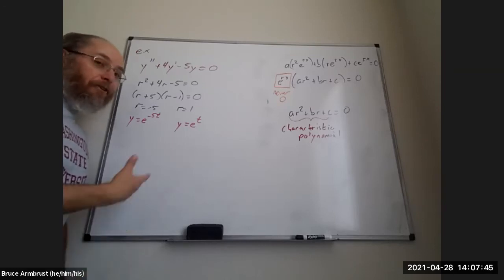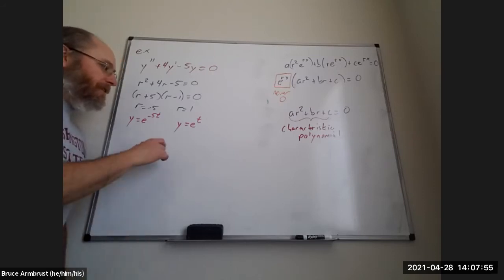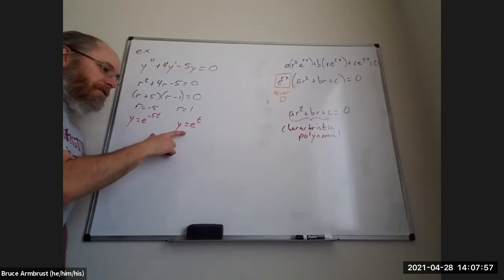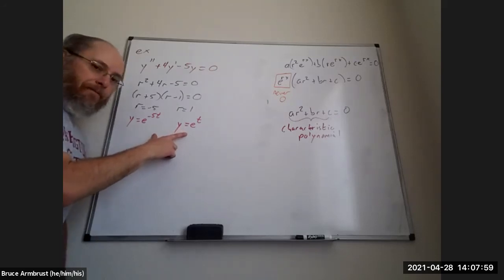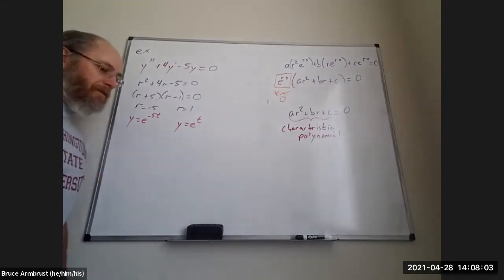All right, well, I know that linear combinations of these are going to be solutions as well. But the last question is, are these things linearly independent? Yes. Well, we hope so, right?